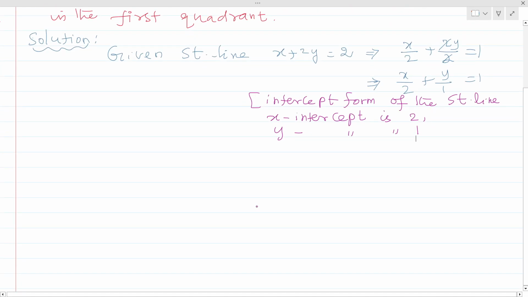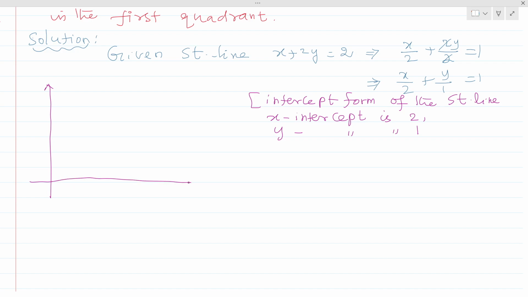First we can draw the y-axis, x-axis. So intercept form is there, x by 2, y by 1 equal to 1. Put this 2 here, and equally we can take here 1. So we can draw a straight line for this.